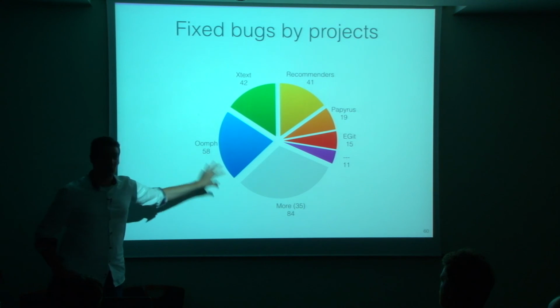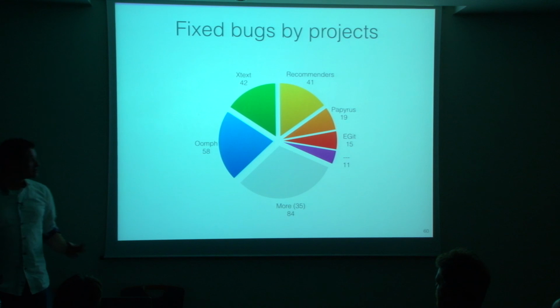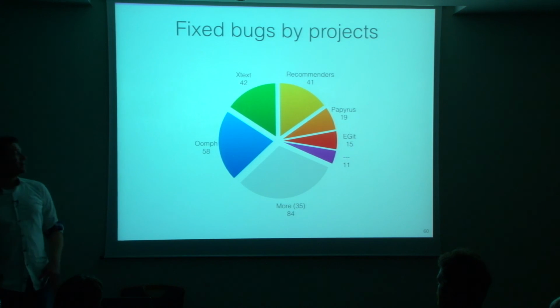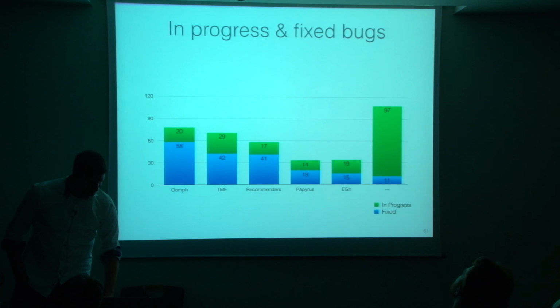So they are really working and fixing things, and I'm extremely proud of those projects using that, and in a way that they fix these issues before they actually appear in the final release. So if you see people like Ed Merks, you should shake his hands and say, this is really great, because he was doing a really great job, Xtext as well, and all the others, so really great.